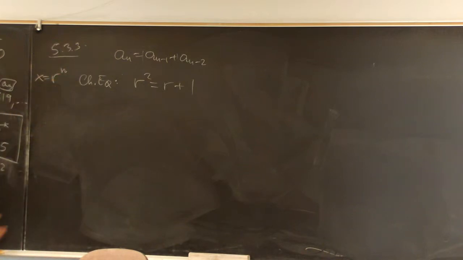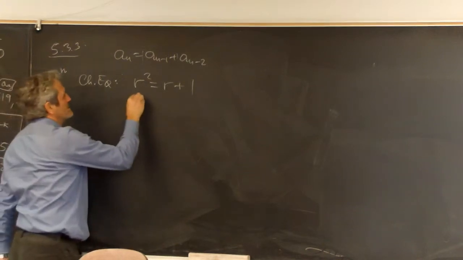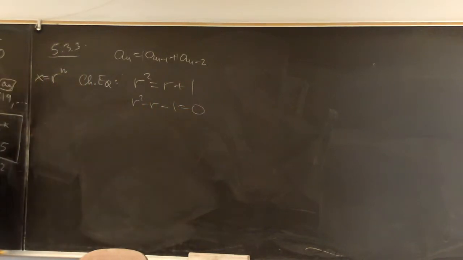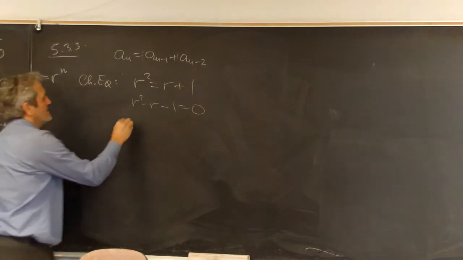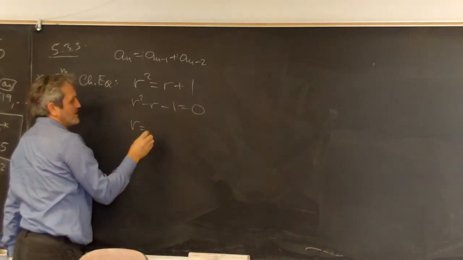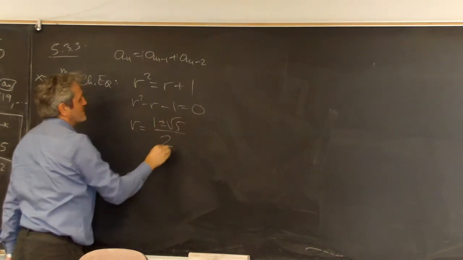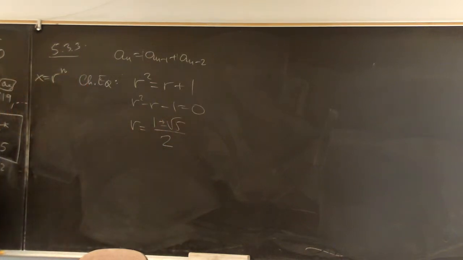So what then? I get a quadratic equation, I want to solve it. r squared minus r minus 1 equals 0. And who appears? r equals 1 plus or minus square root of 5, over 2. Here's your golden ratio. So what then?